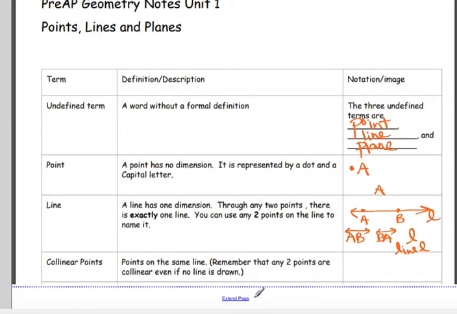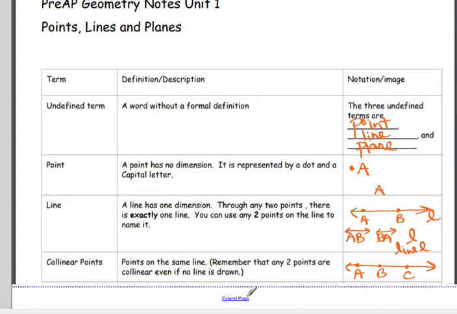Collinear points, these are points that are on the same line. Remember that any 2 points are collinear even if no line is drawn. So points on the same line, and usually we're going to ask you about 3 of them, because remember, any 2 are collinear. So if I just listed 2, you wouldn't even need an image. These points are collinear.